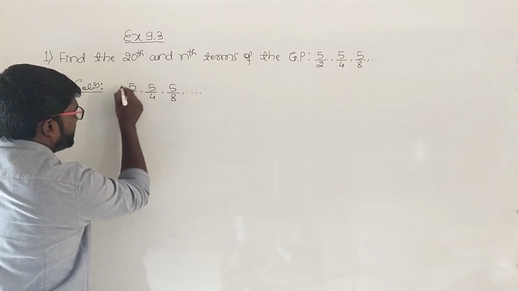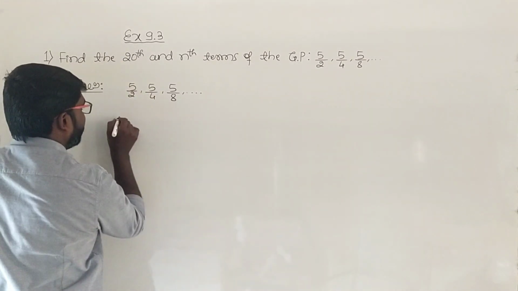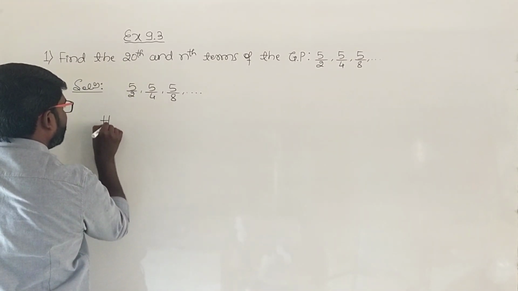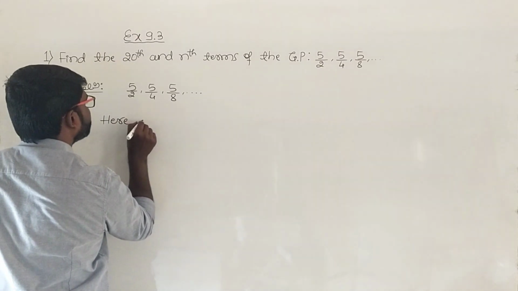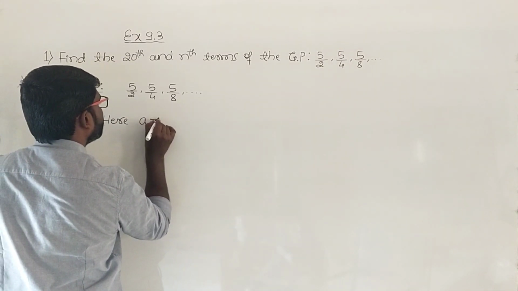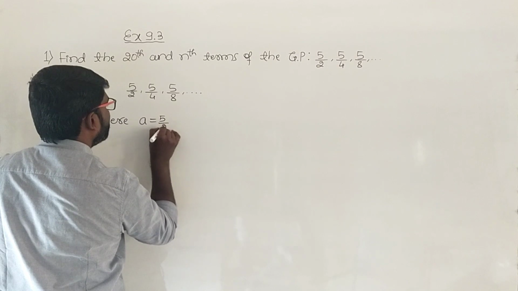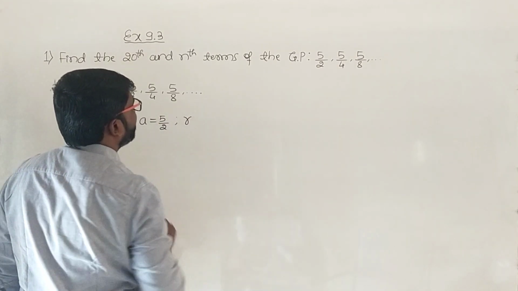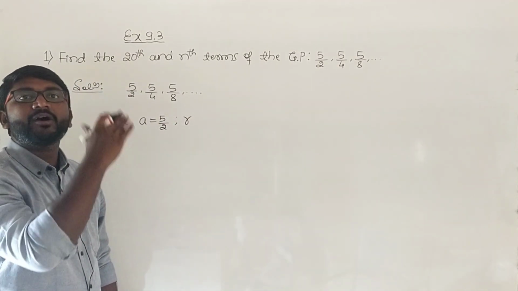Here the first term is A, so A equals 5 by 2, and we have to find the common ratio.